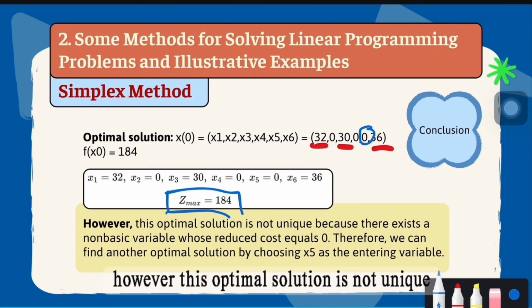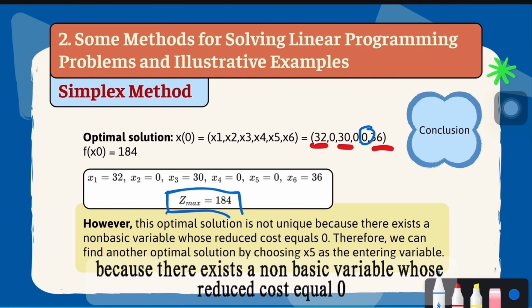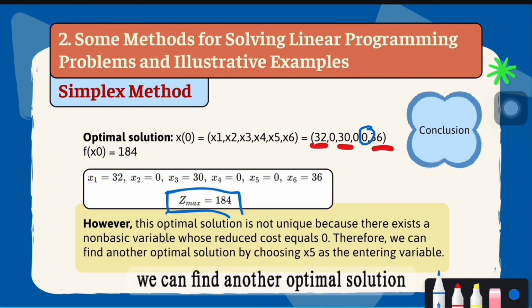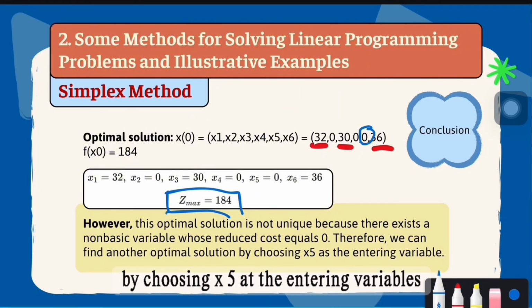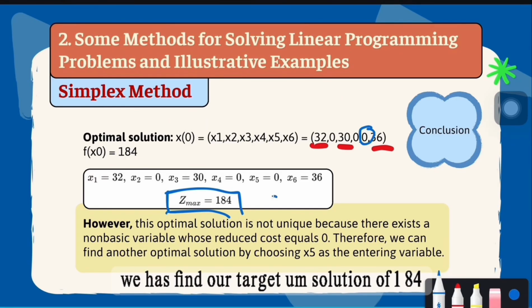However, this optimal solution is not unique, meaning that there is not just one solution, because there exists a non-basic variable whose reduced cost equals 0, which is x5. Therefore, we can find another optimal solution by choosing x5 as the entering variable. But we will not be doing it here because we have found our target solution of 184.